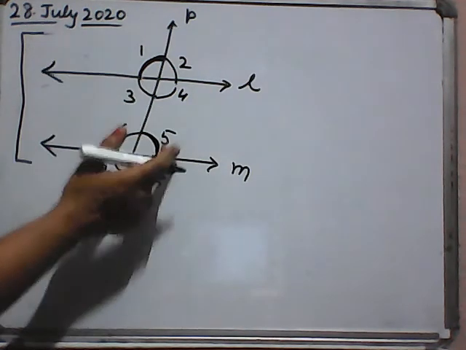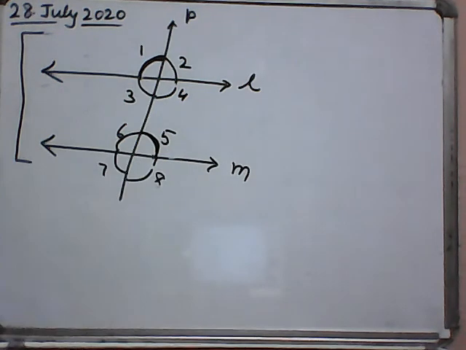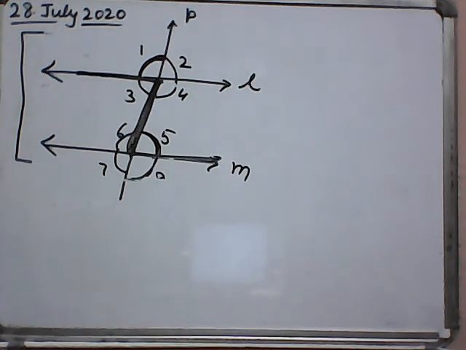Angle 1 and angle 5 are on the opposite side of the transversal. Here angle 1 and angle 5 are alternate angles. Alternate angles form on the opposite side of the transversal.